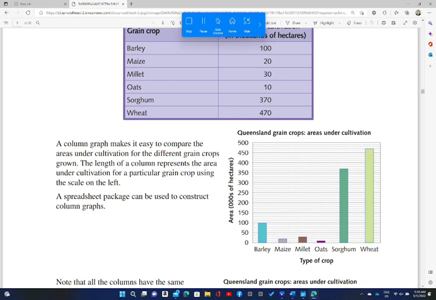Also, because of the scale here, it's fairly easy to read the actual numbers. If you look at wheat, for example, it's just above 450, two lines above 450, which would be 470. So you don't lose the numbers either. You can still read it very accurately. Makes sense? So now we're going to talk about how to create one of these for yourselves.